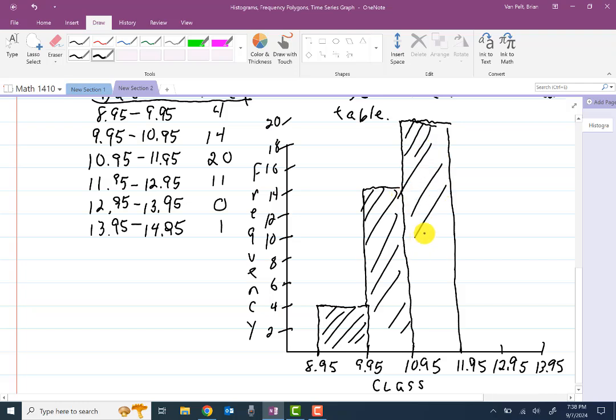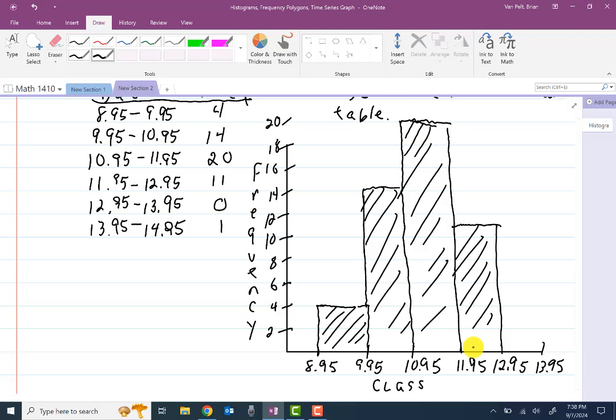You don't have to do the shading. I'm just doing it to make it easier on the eyes. The next one has 11. So as before, you can go halfway between 10 and 12. Then 12 to 13 doesn't have anything. And then finally we have 1 in the last category, so I'll just kind of put it down in here.